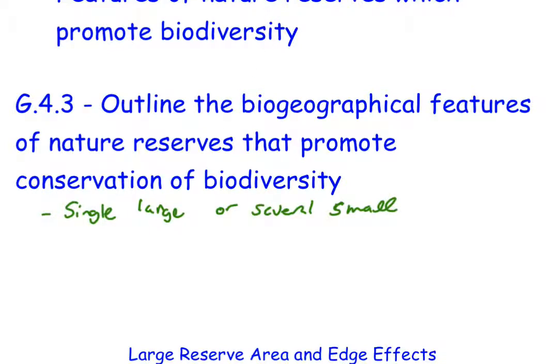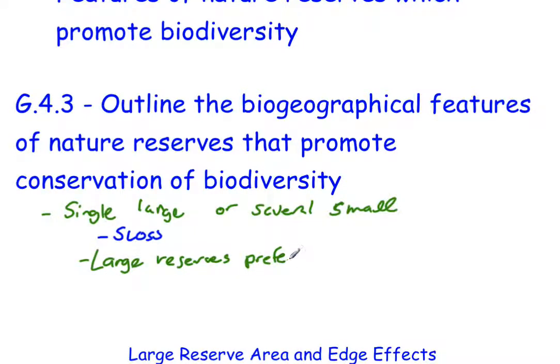Okay. This debate actually has a name. It actually has its own page on Wikipedia. It is SLOSS. Okay, so single large or several small reserves. And then over time, the large reserves were considered preferable for a couple of different reasons.